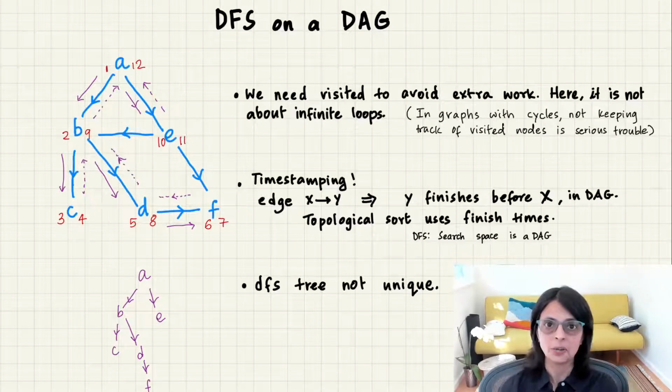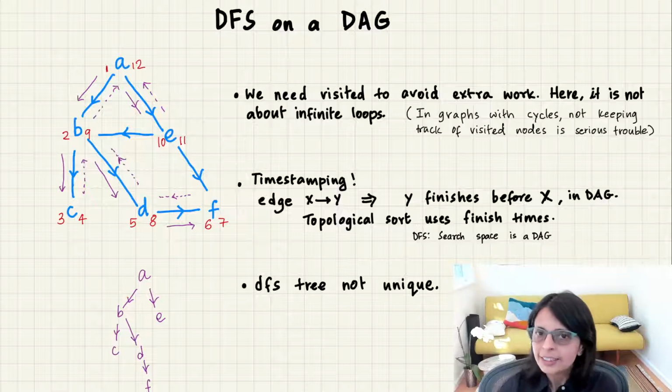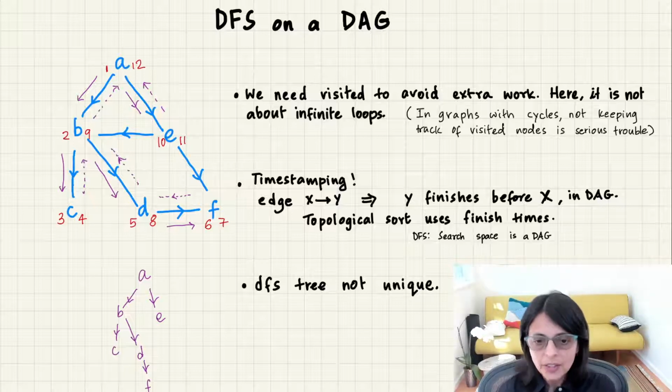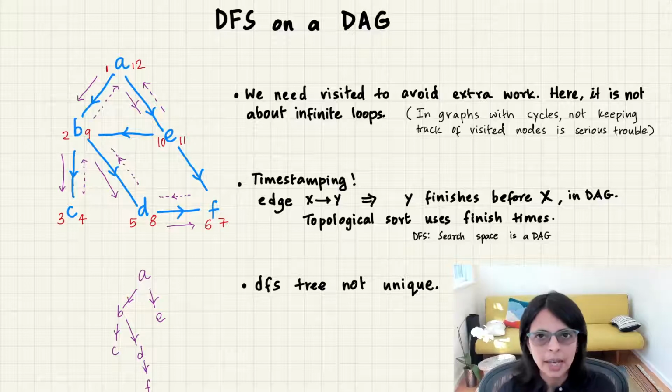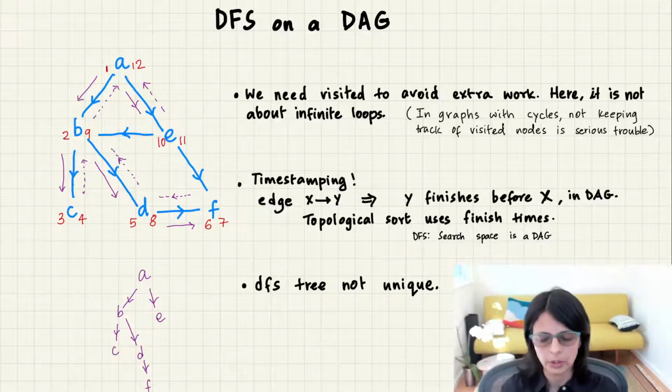Timestamping. We already know what timestamping is, but in directed acyclic graphs, timestamping takes on a little bit more meaning. So if there is an edge going from node X to node Y, DFS on Y is going to finish before DFS on X. It doesn't matter what node you started your DFS with, what the outer wrapper did, or what exact sequence it went over all the nodes.